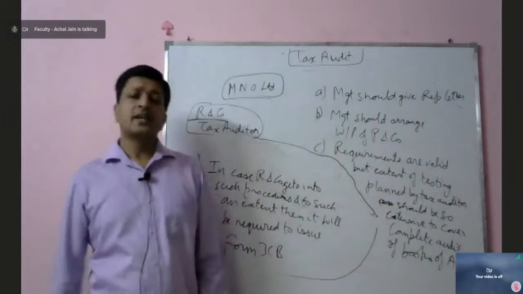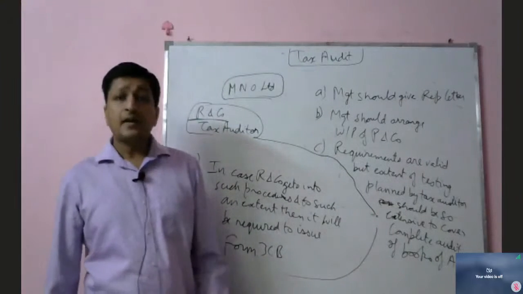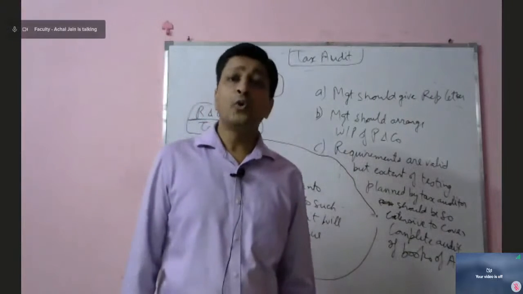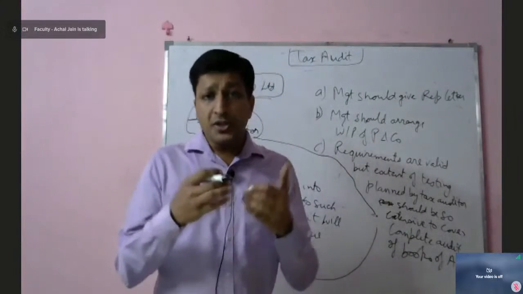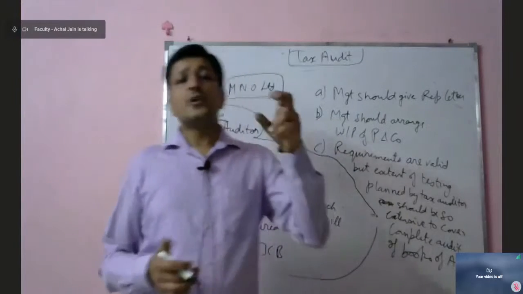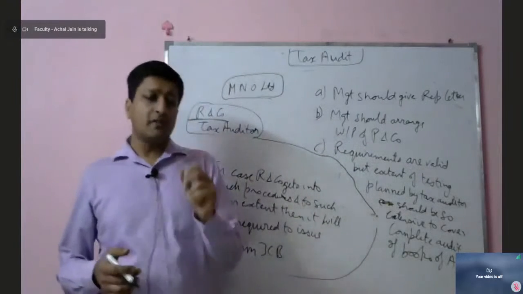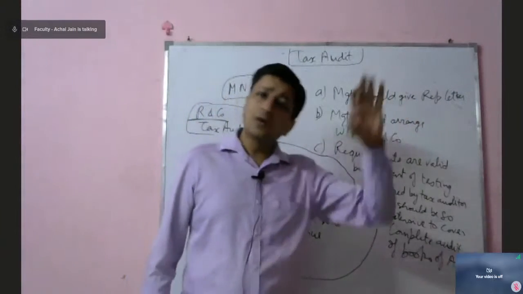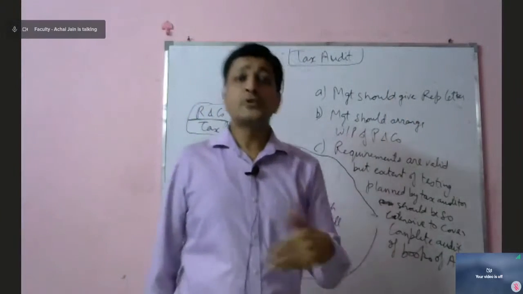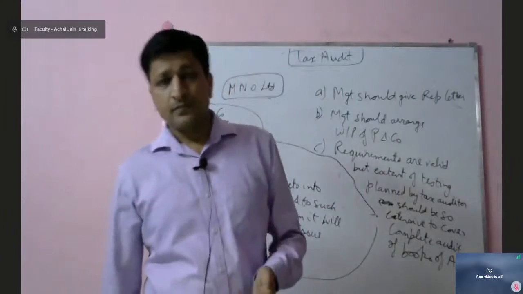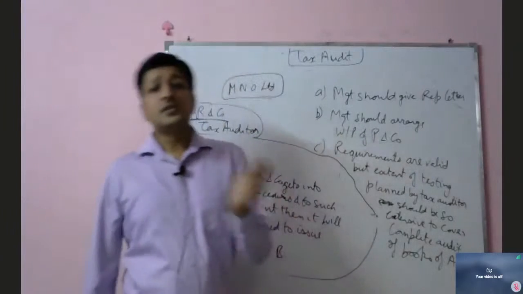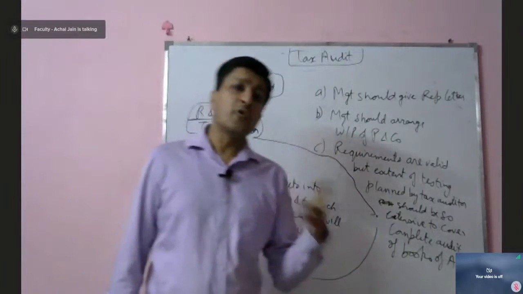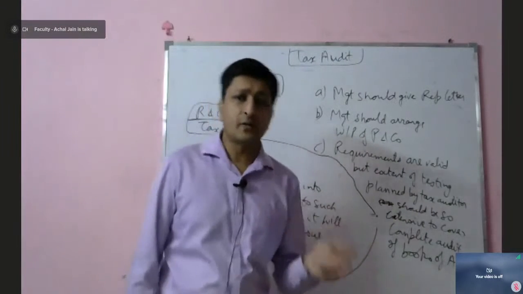That auditing standard says that by taking the representation letter, the auditor will not be in a position to say that he has got sufficient appropriate audit evidence. Representation letter is definitely audit evidence, but it's not so conclusive, and it's not a substitute for the auditor to perform his audit procedures in respect of various requirements.